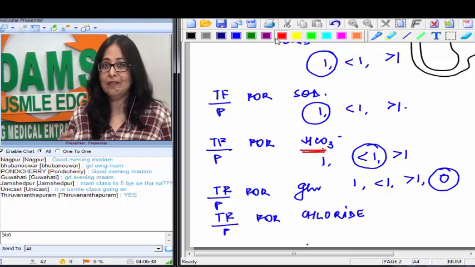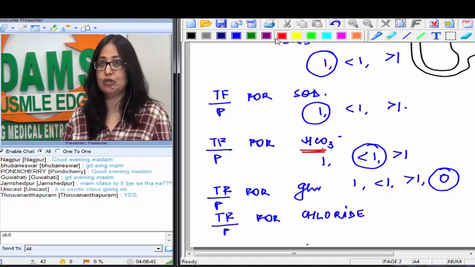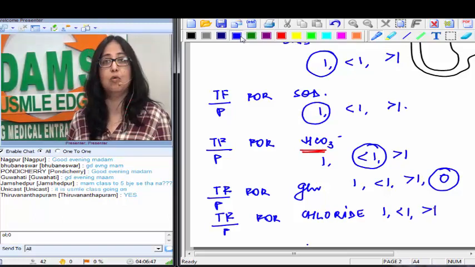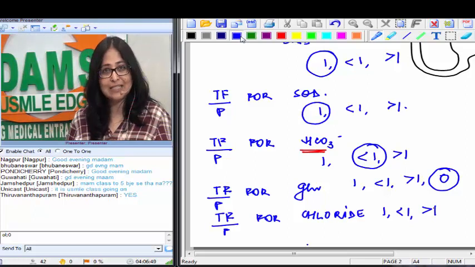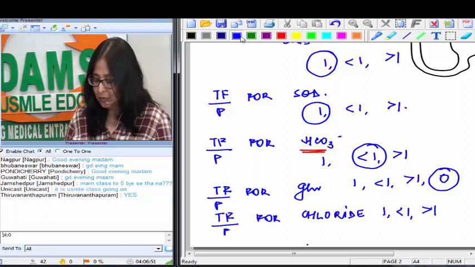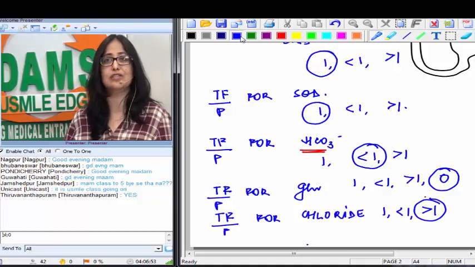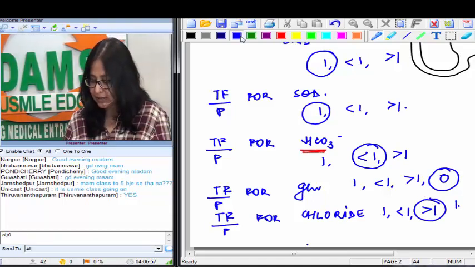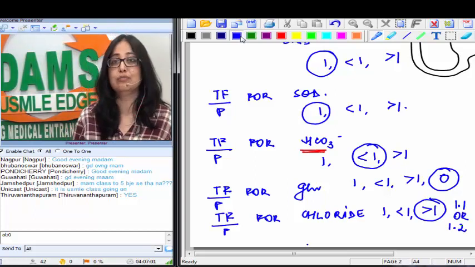So now the TF by P ratio for chloride at the end of PCT will be 1, less than 1 or more than 1. It now becomes slightly more than 1 because the tubular fluid concentration now increases. It is in fact now approximately 1.1 or maybe even 1.2.